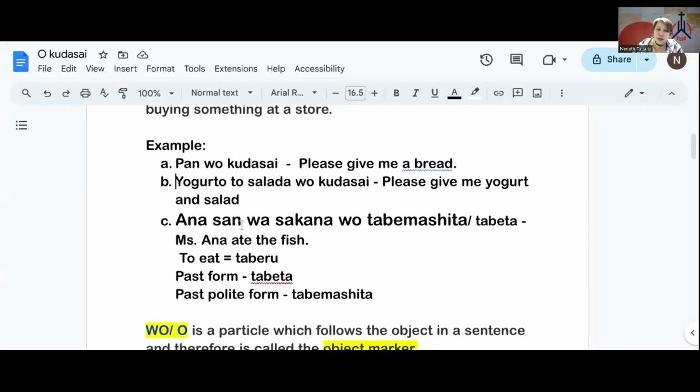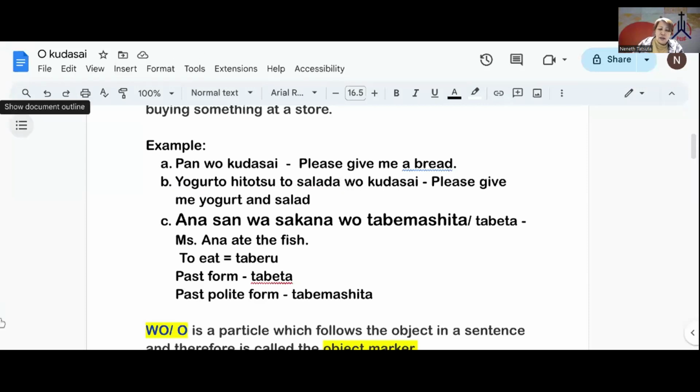For example, yogurto, you can say yogurto hitotsu to salada futatsu o kudasai. Yogurto hitotsu to salada futatsu o kudasai.